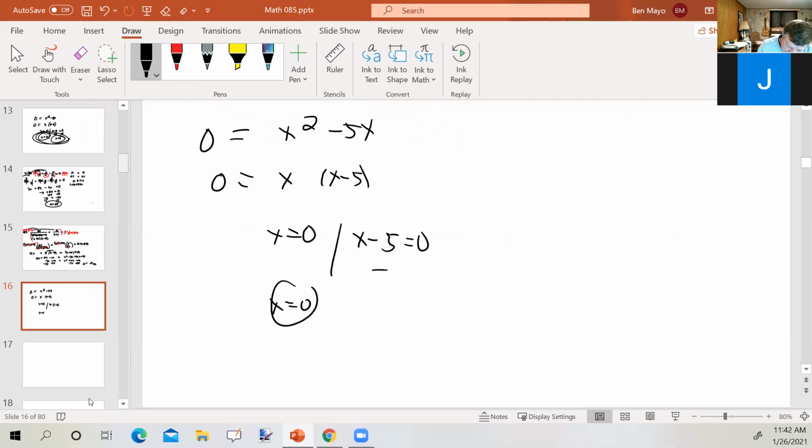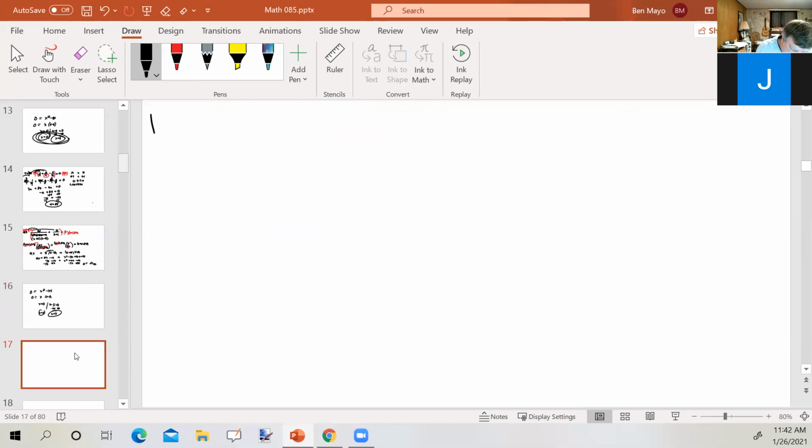So x is 0, and x is 5. And I know I went through that rather quickly. Again, same steps as the other problems, number 13. Okay, we good to go on? Any questions? Here comes number 20.